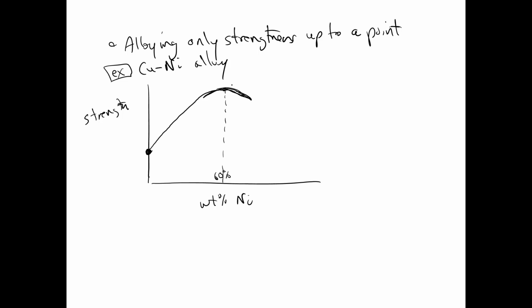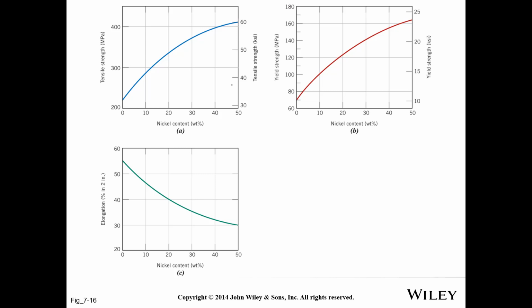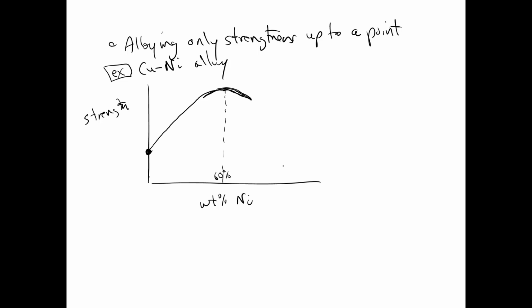And there's a figure in your book that talks about this, so you can see here the strength with nickel content, but you can also see that something happens to the ductility. So as we add more and more alloying elements, go back to this figure here. As we add, the strength goes up, but we could also plot the ductility. This is an important relationship that we're going to see again and again.